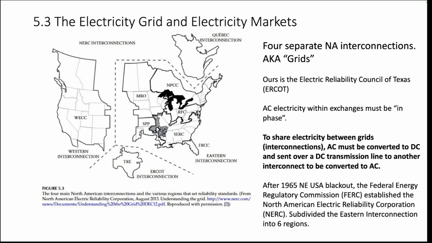And so in order to share electricity between grids, between the interconnects, you have to convert the AC into DC and then send it over a DC transmission line to another interconnect to be converted into AC. So that's why it's not as easy as it might sound.